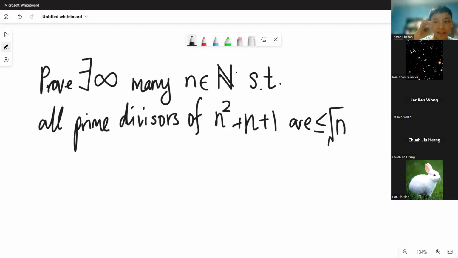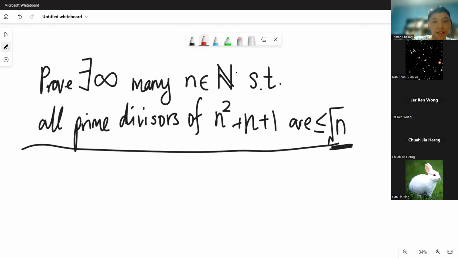So let's begin. There's a square root here, which is quite annoying. So instead of looking at a random positive integer n, let's replace n with n squared and prove there are infinitely many such n squared instead. So we can change this to n to the power of 4 plus n squared plus 1, and then the condition becomes prime divisors less than or equal to n.